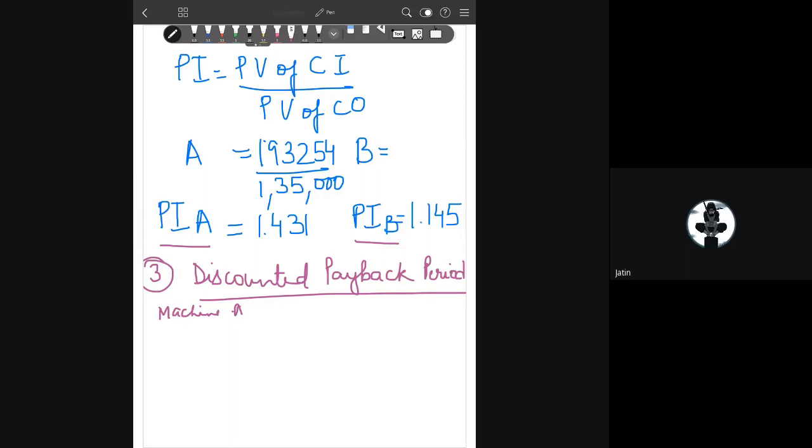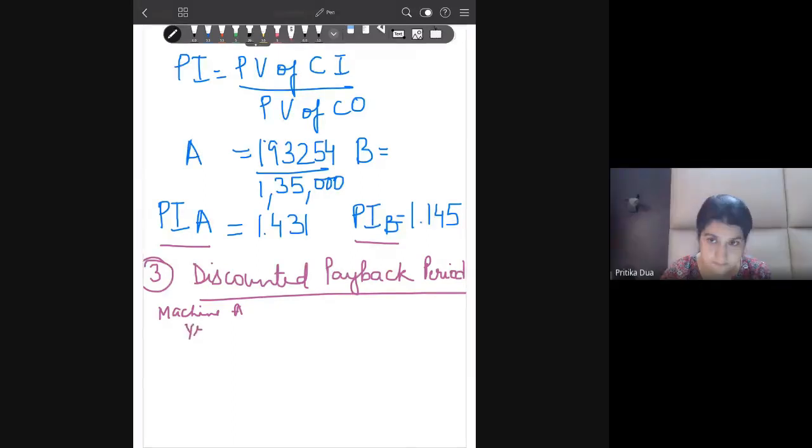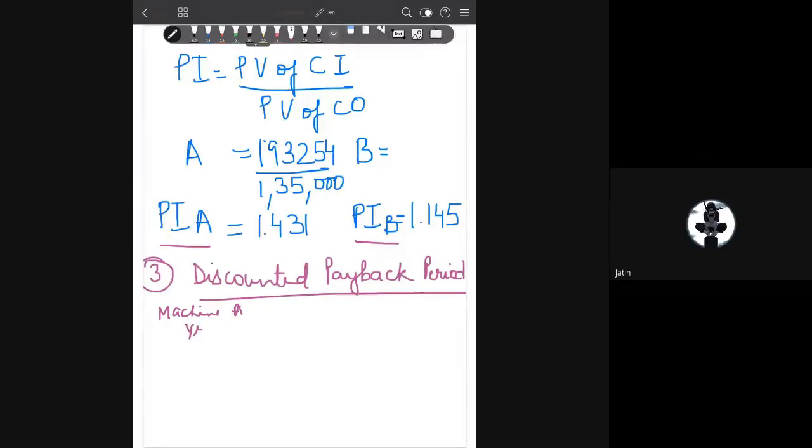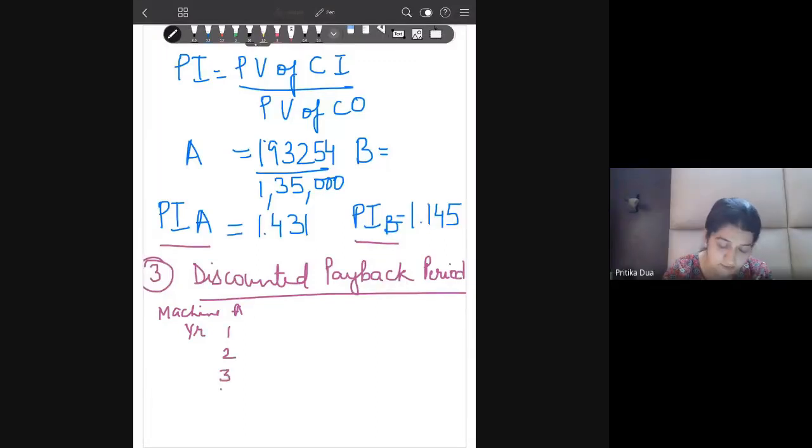Ma'am, payback period is the period in which the initial amount is being recovered. Oh, absolutely right. And yes, the thumb rule is that the sooner you recover your initial investment, better it is for the firm. So Himanshu has also given the meaning: time to recover the original investment made in the project.